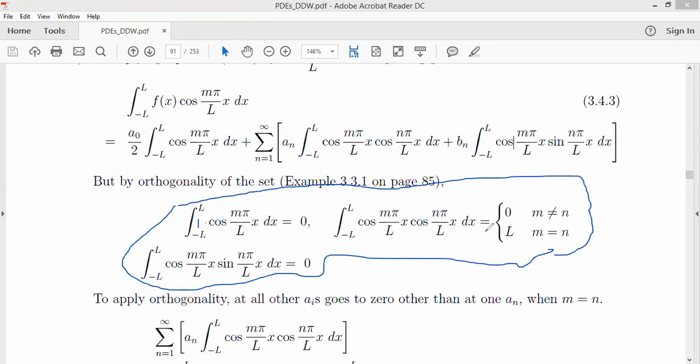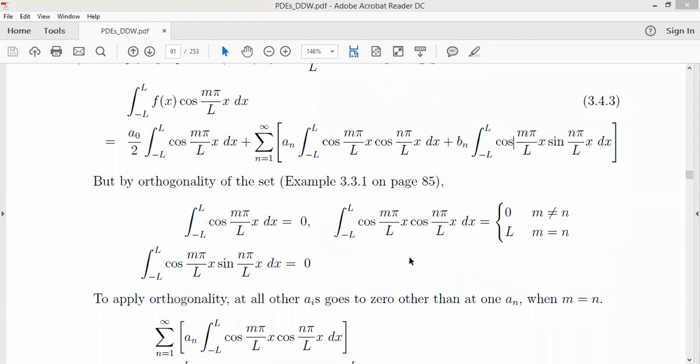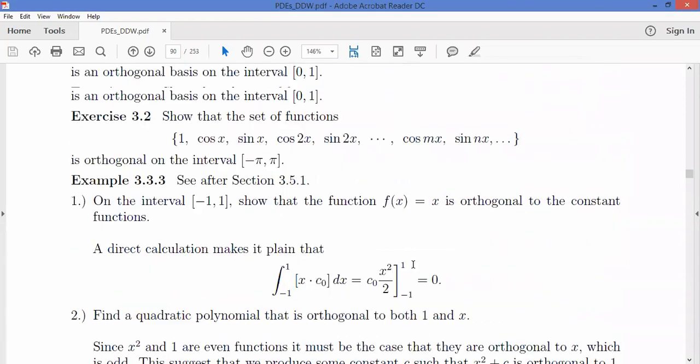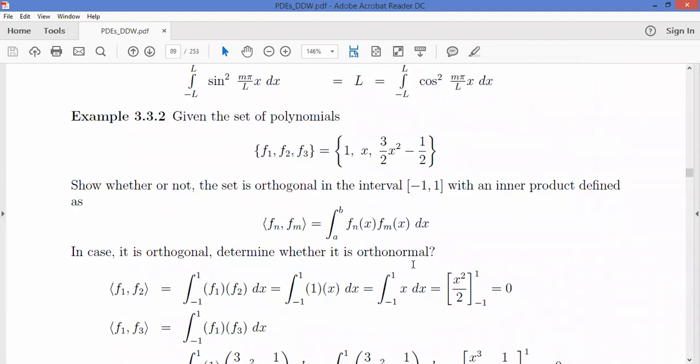Let's first clear this one. What we are talking about is this part here.